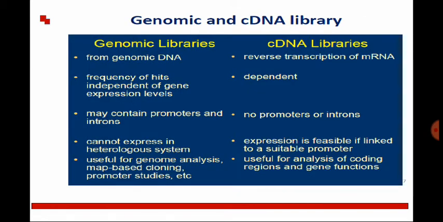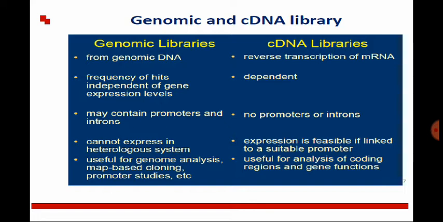And this is the difference between the cDNA library and the genomic DNA library. The genomic library contains all the genomic content of an organism, while the cDNA library contains only the coding region of an organism.